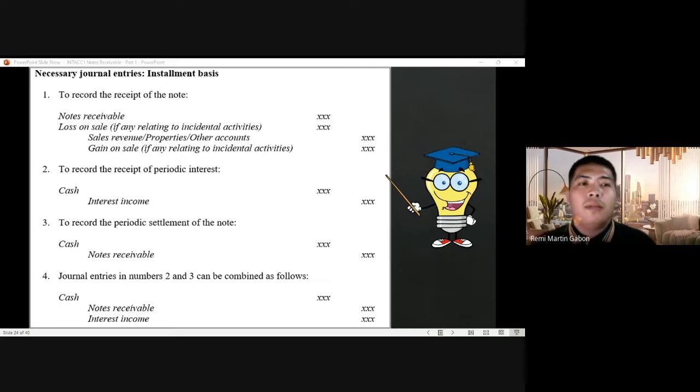Then number 3, to record the periodic settlement of the note, we debit cash and credit notes receivable. Or we can combine the two entries. Debit to cash for the total of collection ng principal and the interest. Then we credit notes receivable and credit interest income.